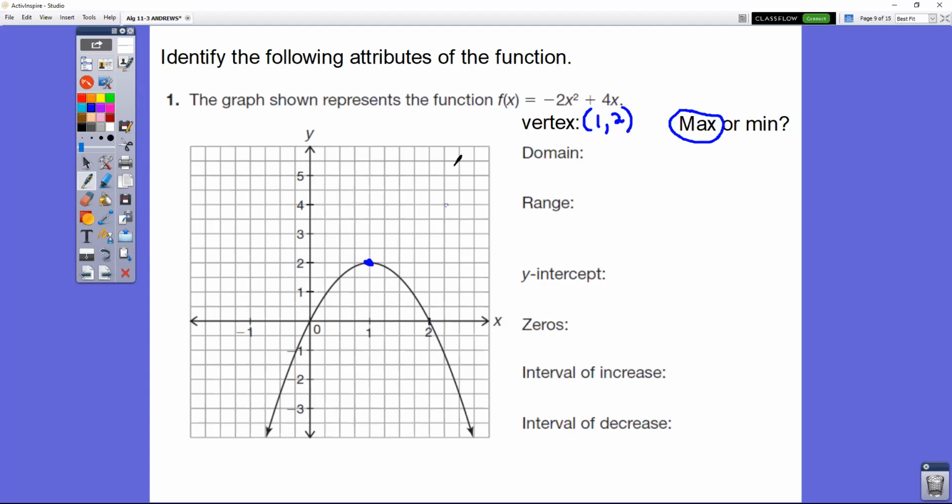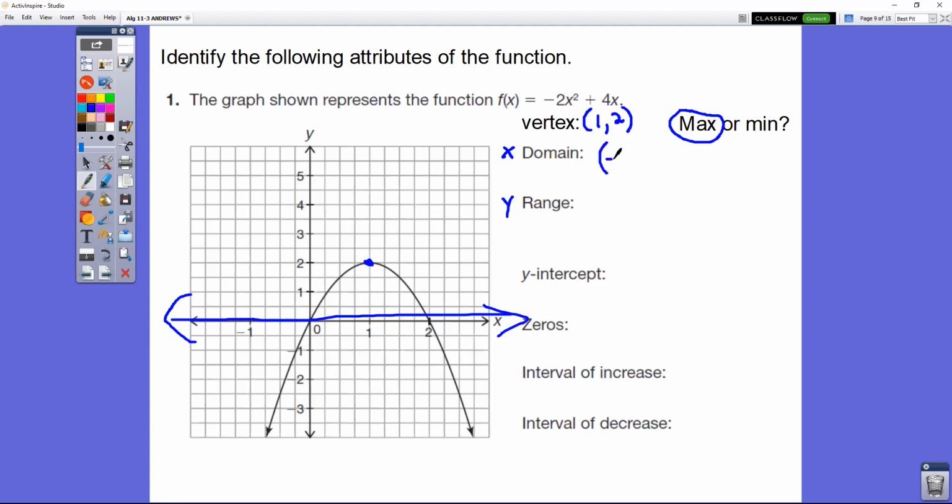Now, the domain. There is no word problem associated with this particular question, so it's not the domain of the problem situation, it's the domain of the whole entire graph. Remember that domain means X, range means Y. On our X, going from side to side, notice that the graph keeps on going and spreading out.